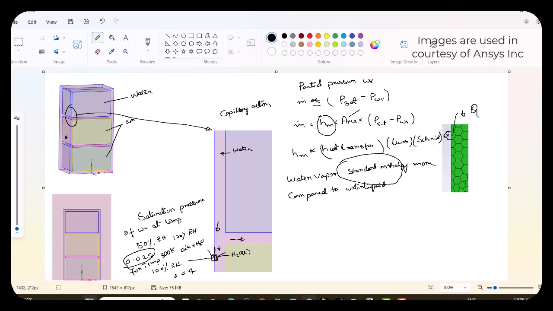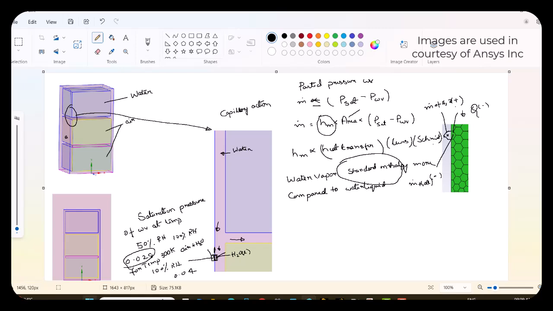Similarly, there would be addition of mass of water vapor into this cell. So this is plus, this is minus, and there is also removal of mass of liquid water from this cell. Again, this is also minus.